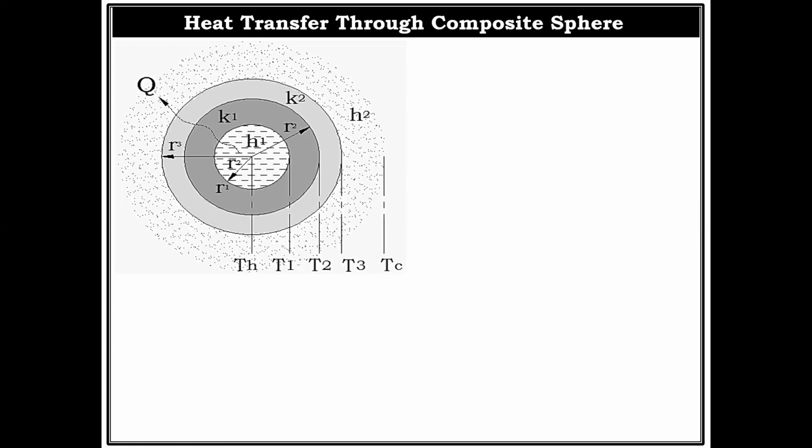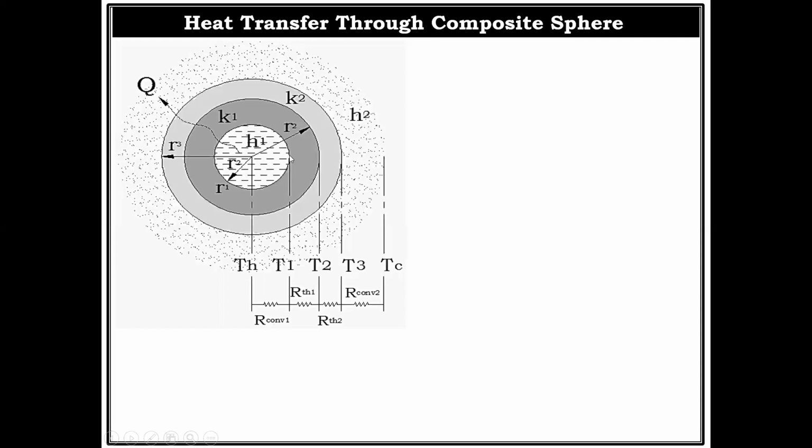So this is the composite system. Now if we try to draw the electrical analogy, it will be like this. At first, when heat is transferring from the hot fluid to the inner surface, there will be heat transfer by convection, so a convection resistance will be there.